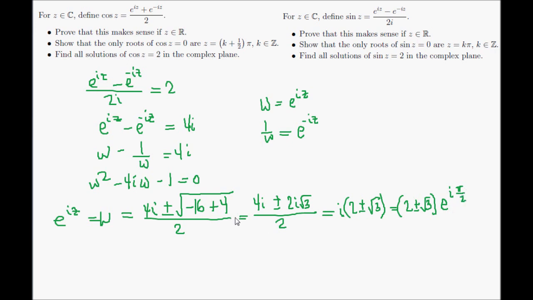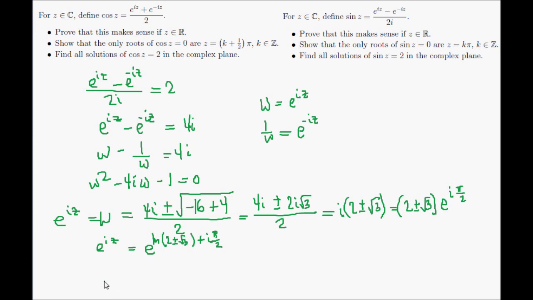So therefore, to make everything match up, let's write 2 plus or minus square root of 3 as, on the next line, e to the iz is equal to e to the natural log of 2 plus or minus the square root of 3 times e to the i pi over 2.